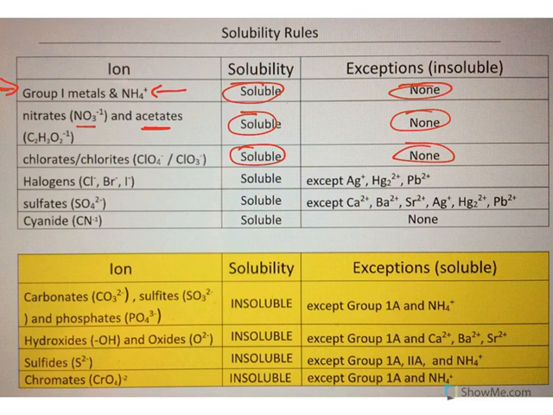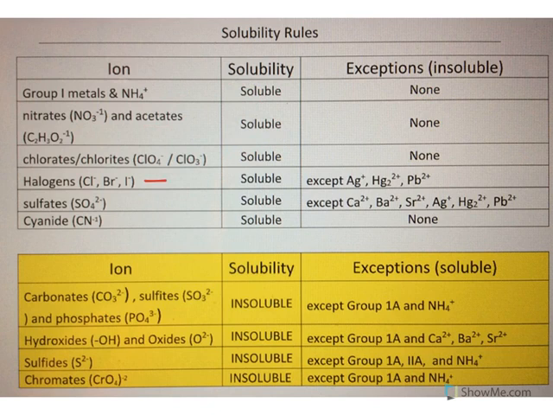Then we get into things that have exceptions. Remember those rows that had some that were clear and some that were precipitates? These are where we have some exceptions to the rule. For example, the halogens: chlorine, bromine, and iodine. They are usually soluble, but not if you mix them with silver, mercury, or lead.